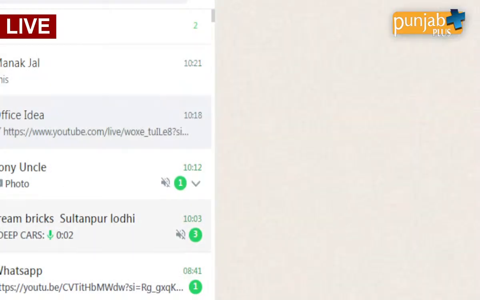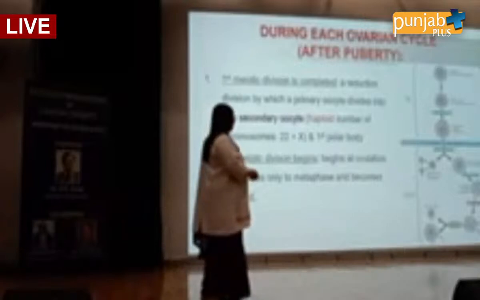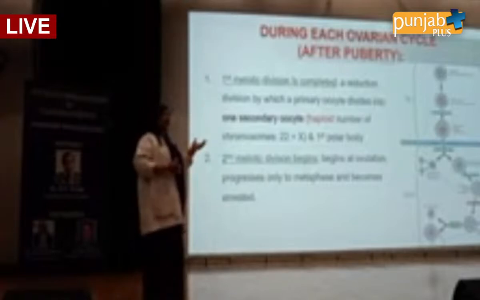So one becomes the secondary oocyte, and the other, which receives very little cytoplasm, becomes the first polar body. So the first polar body and the secondary oocyte form just before the ovulation.